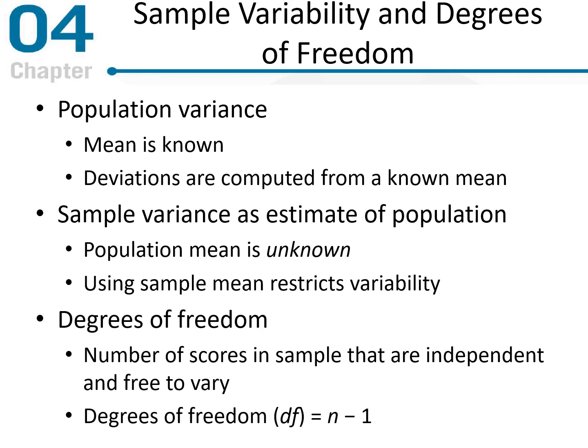Now, the n minus 1 that I just mentioned ties in with the concept of degrees of freedom. In this situation, we need the population mean to actually calculate the population variance.